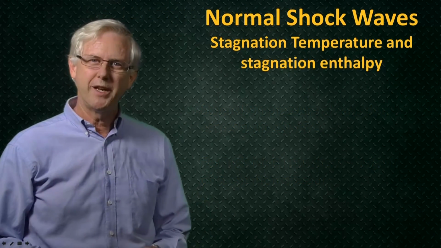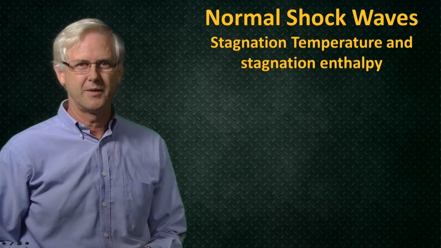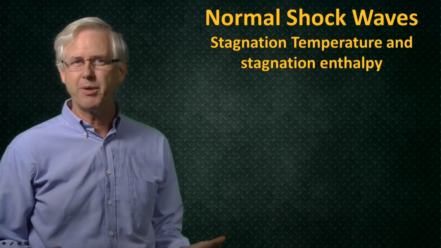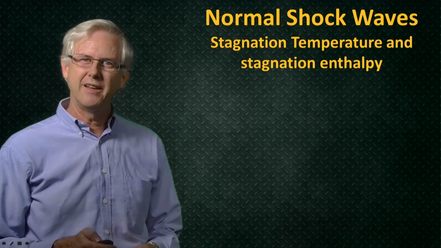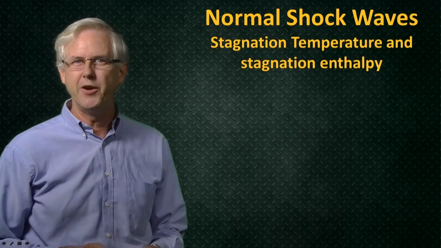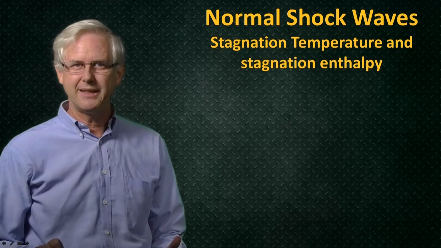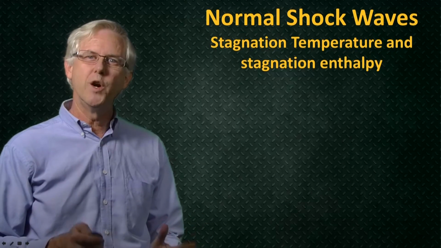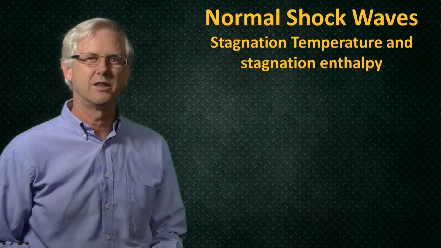There's one more point about shock waves that I want to make before we finish this video. What happens to the stagnation temperature across a shock wave? I said right at the start of the analysis of the Rankine-Hugoniot relations that we assumed the flow to be adiabatic and that there was no work done on or by the gas as it passed through the shock.